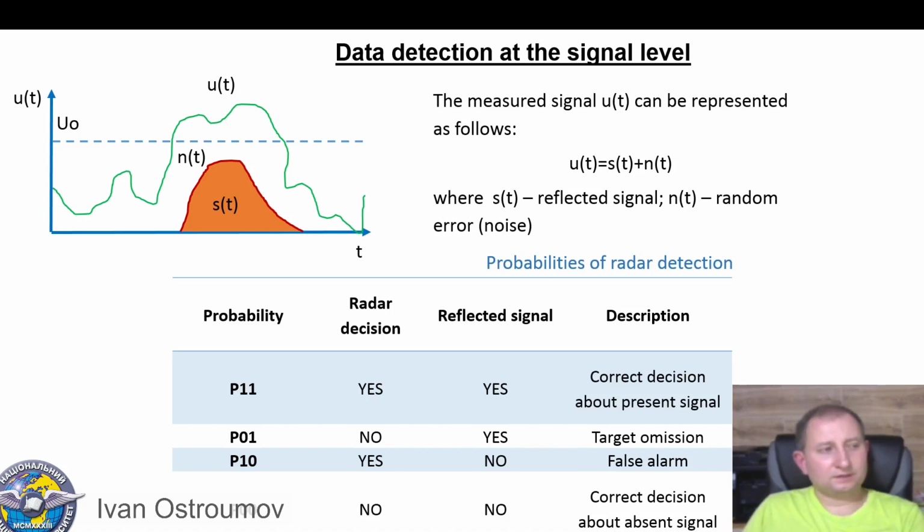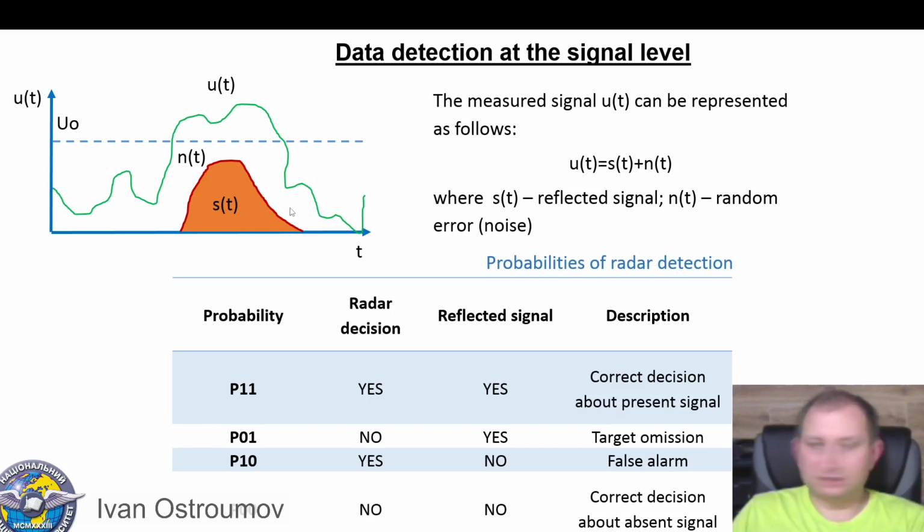And based on that, we've got two next probabilities. The next one means the reflected signal was present, or the correct signal is present. It means S is present in our input. However, the radar decision was false because the radar cannot detect it.